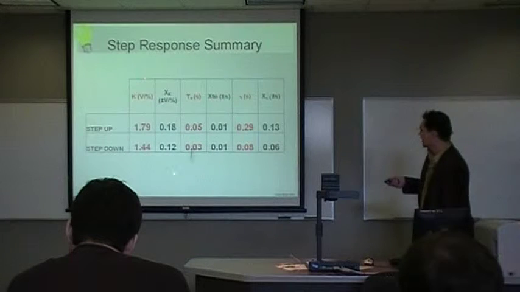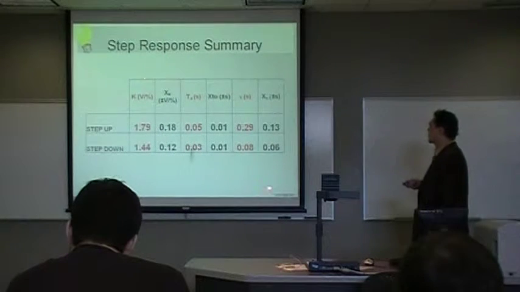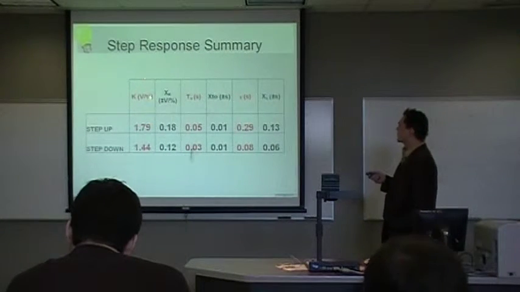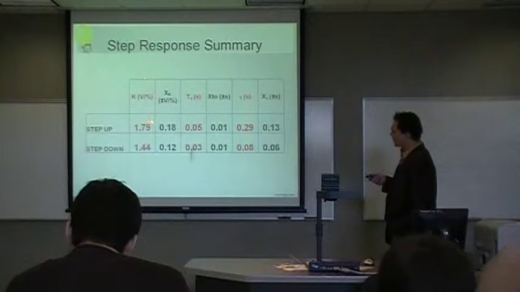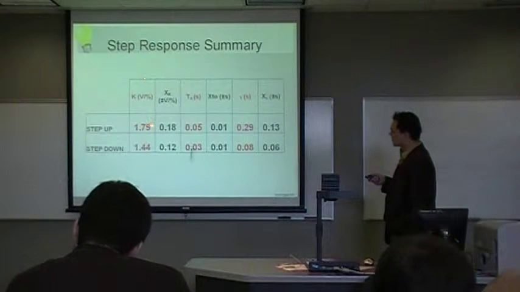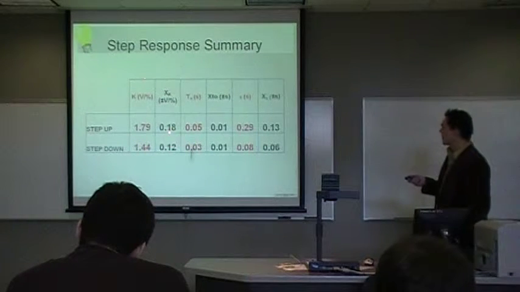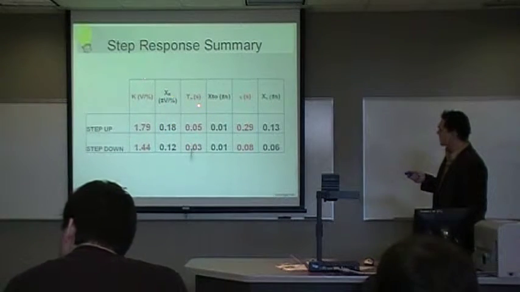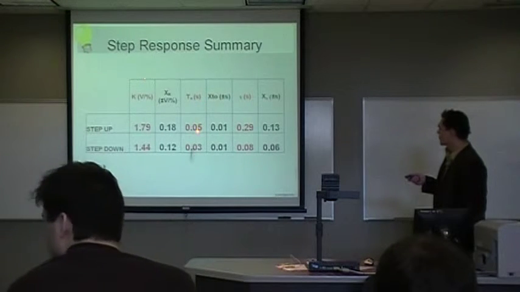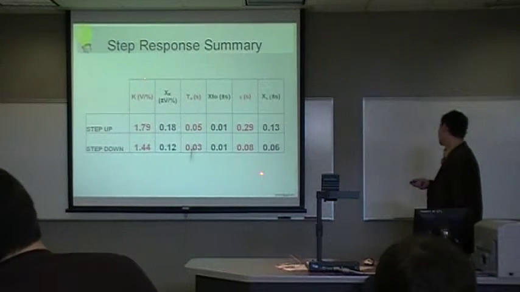We averaged all this data, and we have here our gain, and for the step up, it was a little higher than it was for our step down. And it's the same thing for our dead time, and our taps.